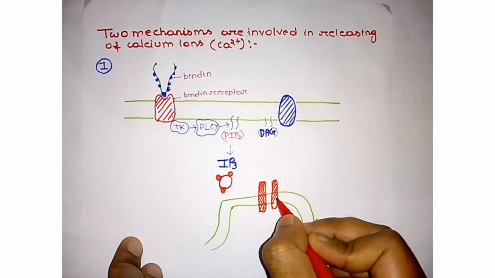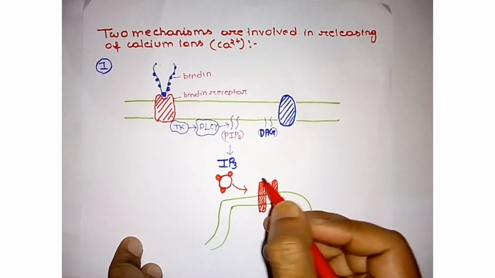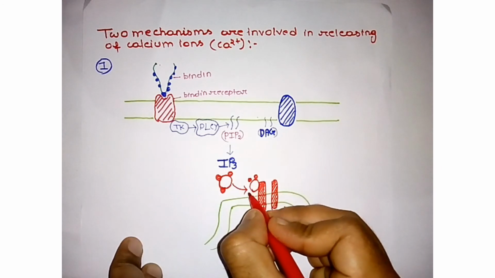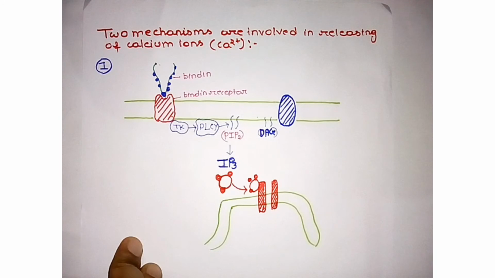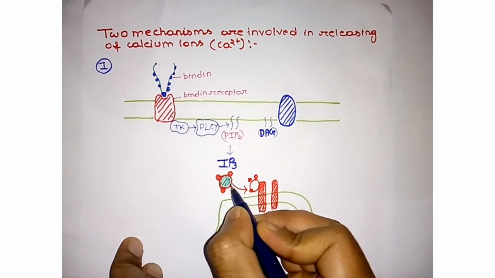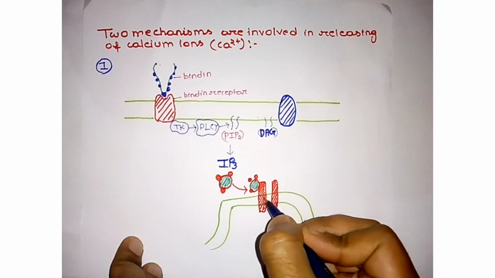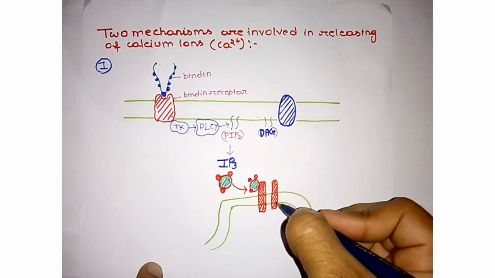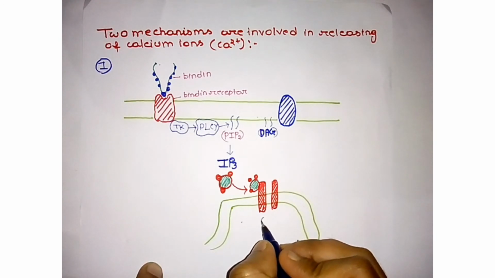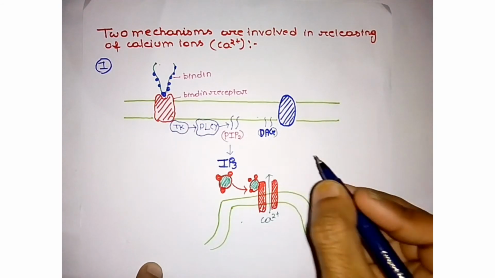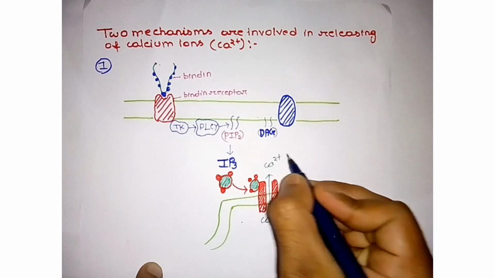So when this IP3 binds with this calcium channel, it leads to opening of this particular channel. So IP3 binds with the calcium channel present on the endoplasmic reticulum of the egg, and it leads to opening of the channel, and the calcium movement occurs towards the cytoplasm of the egg.